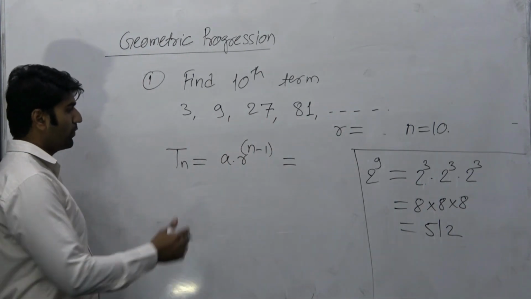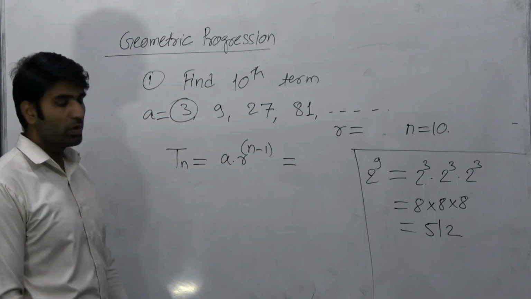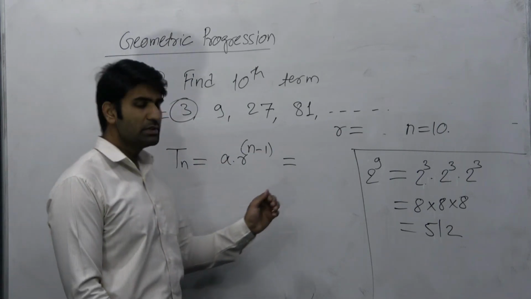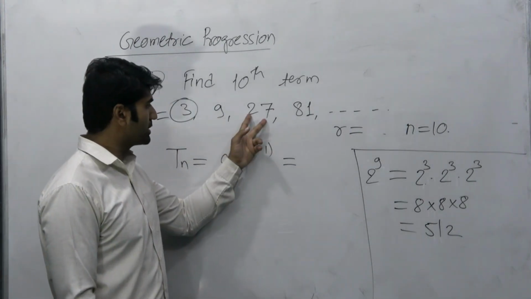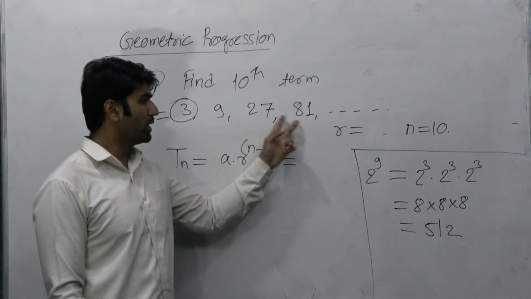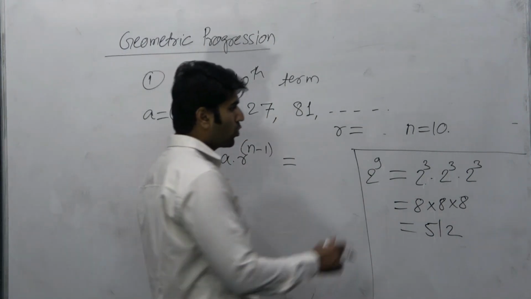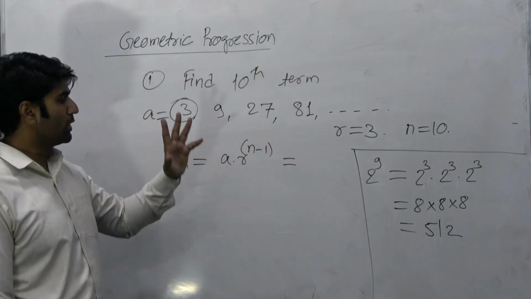What is the value of a? The value of a is 3. What is the value of r? r means the ratio between any two consecutive numbers. 27 divided by 9 is 3, 9 divided by 3 is 3, or 81 divided by 27 is 3. So the common ratio is 3 and the value of n is equal to 10.